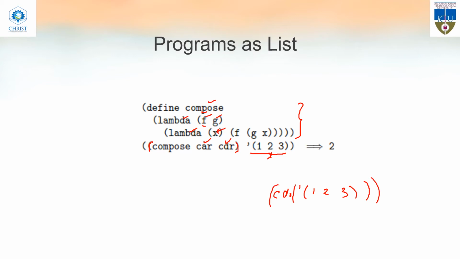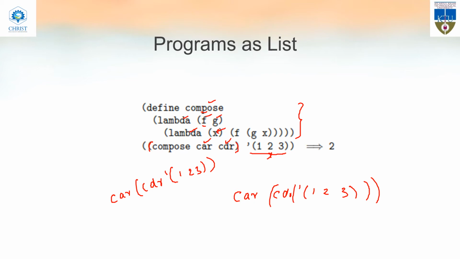After that it will give you f of g of x, that is f, that is car. So the function will execute as car of cdr of list 1 2 3. So this is what gets executed.